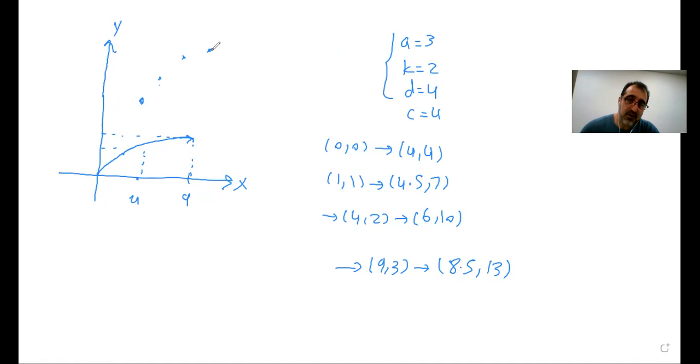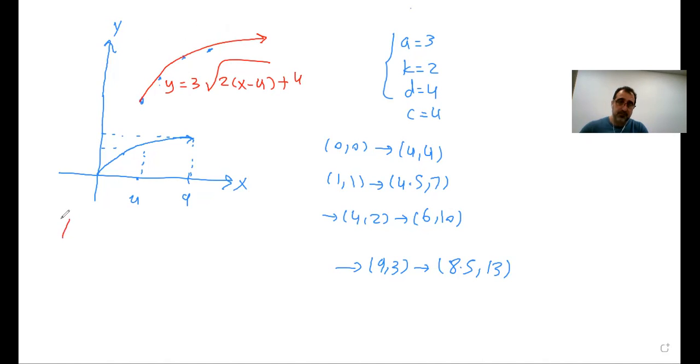Then I'm going to use a different color. This is y equals 3 root of 2(x minus 4) plus 4. Let me write here. Okay, this is the transformed function.